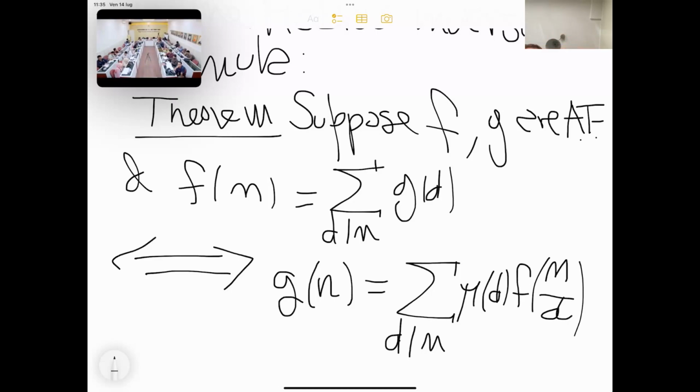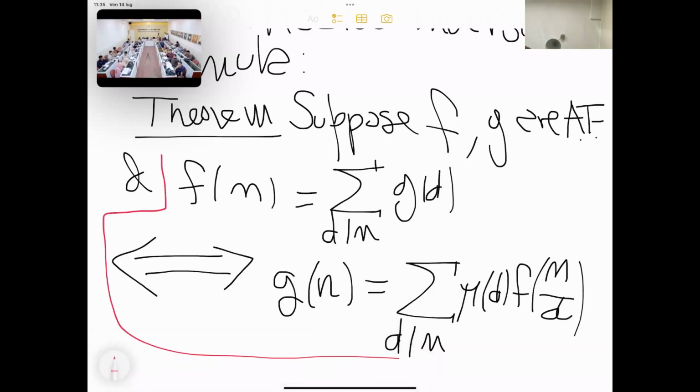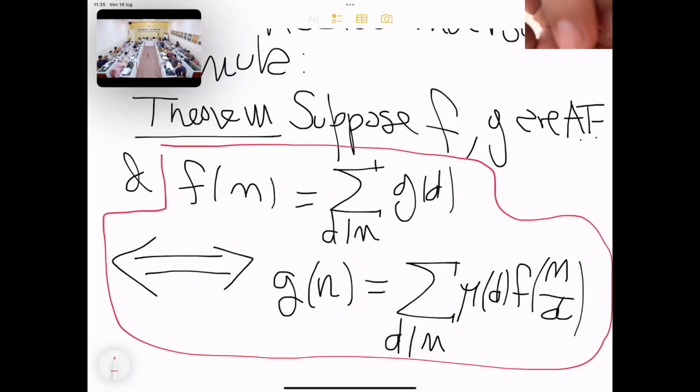And this is actually an if and only if. So this is the statement of the Möbius inversion formula.